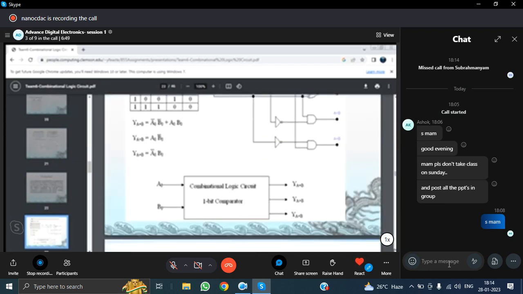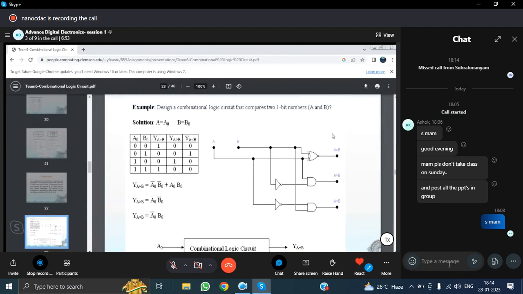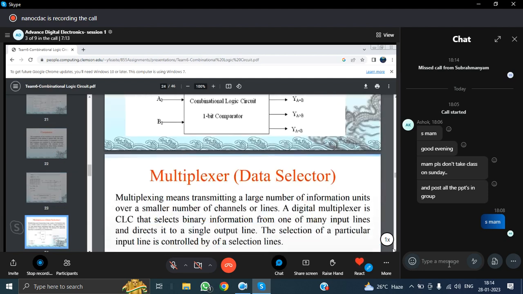If you want to draw the normal circuit, see A0 B0 and the conditions: A equal to B, A greater than B, A less than B. You can write the logic equations accordingly and design the comparator circuit like this.